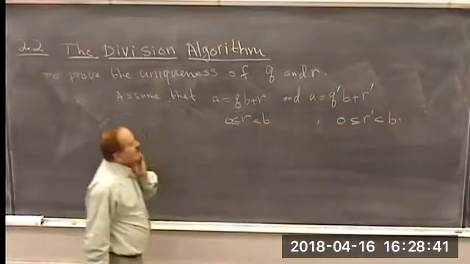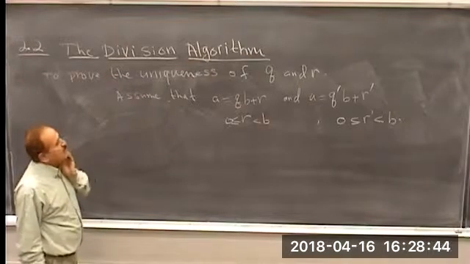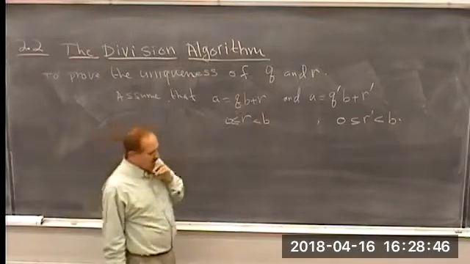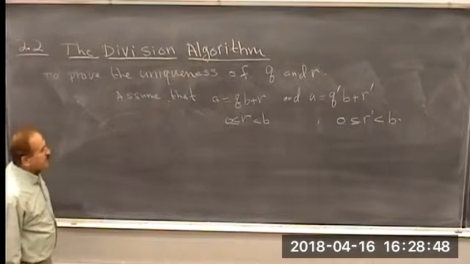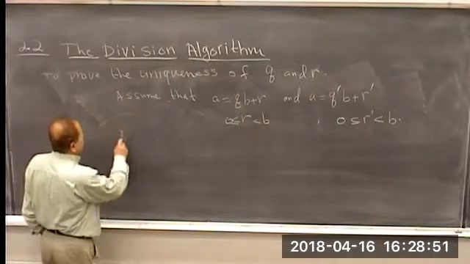And I need to show that Q must equal Q prime and R must equal R prime. Well, let's assume by contradiction.